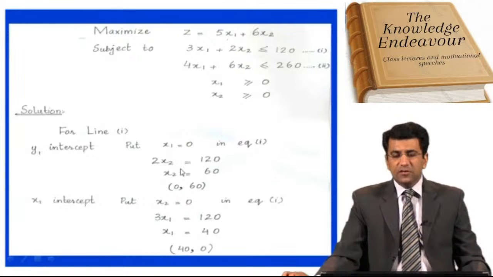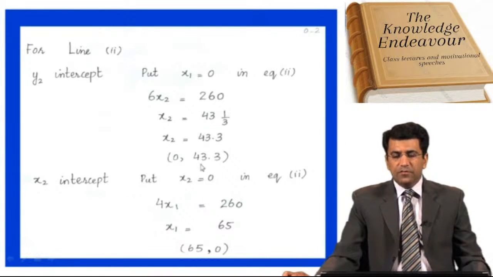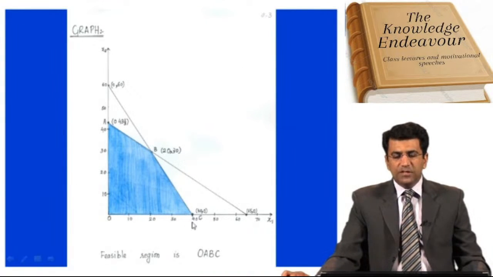Now we have just calculated the 2 different points of equation number 1, that is 0, 43.3 and 65, 0. Now we will plot these points. This is the first point, 0, 43.3. This is the y-intercept for the first equation, and the second point is 65, 0.